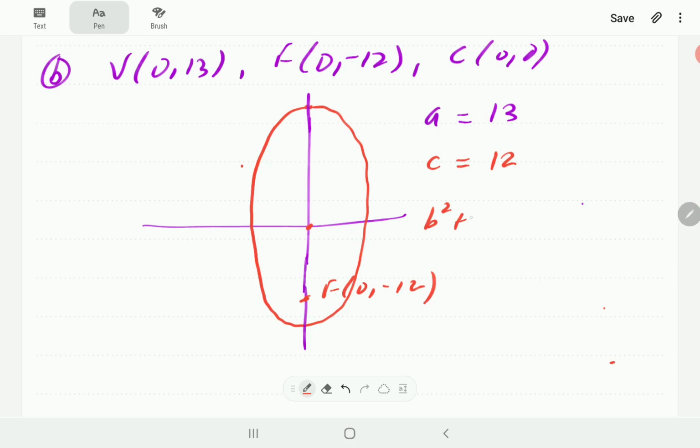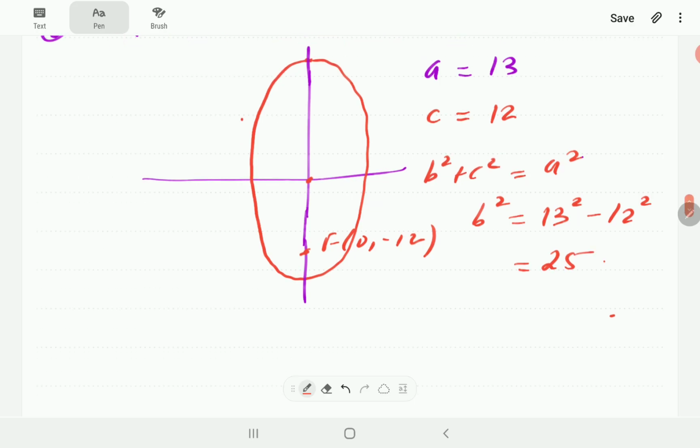Remember, b squared plus c squared is a squared for the ellipse. So here b squared is going to be a squared, which is 13 squared, minus 12 squared. So it's going to be 169 minus 144, and that gives us 25.